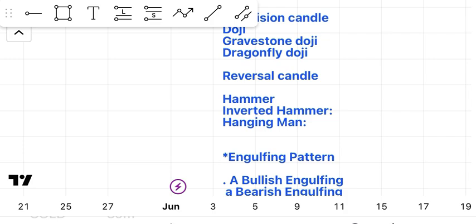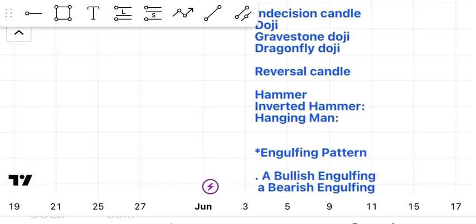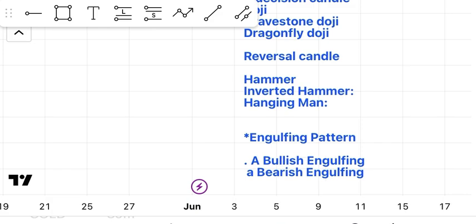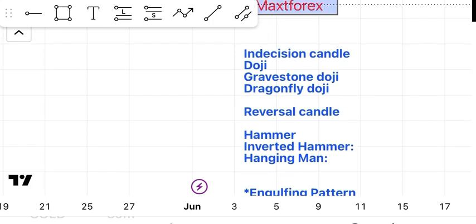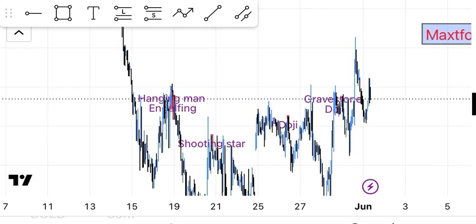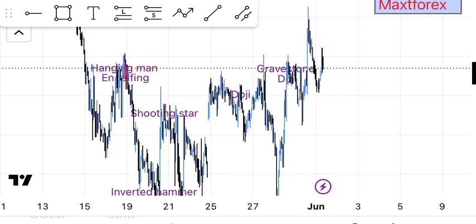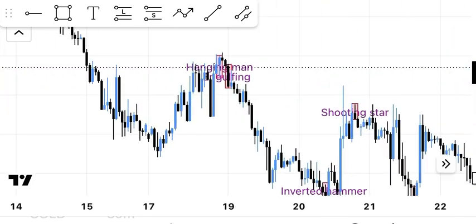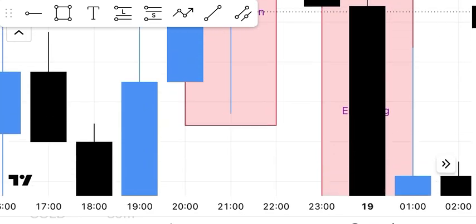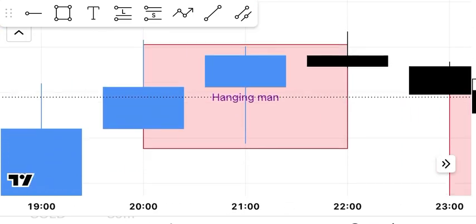The types of candlestick they basically know most are the hammer, inverted hammer, and the doji candlestick, which are very easy to know. So hanging man, firstly let's spot it and see how it looks. Let's see if we can spot it. So this is how our hanging man looks.